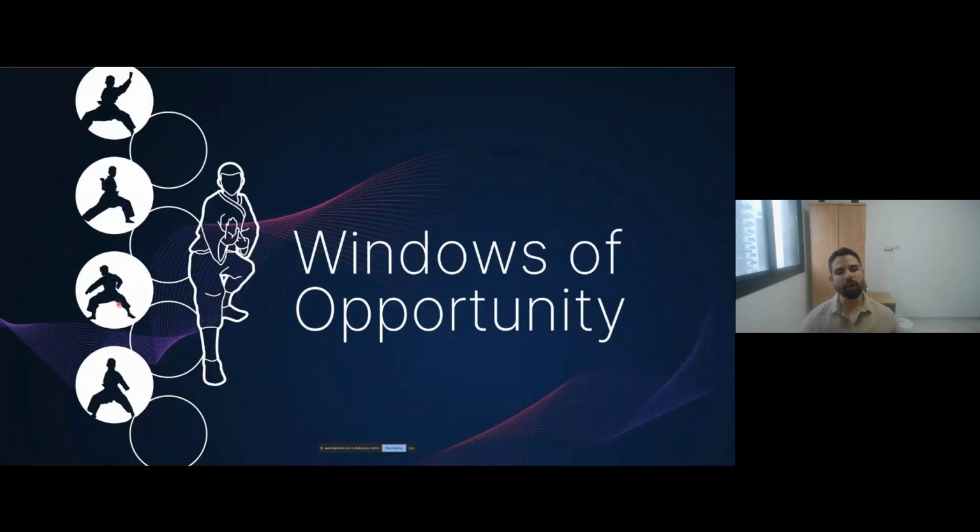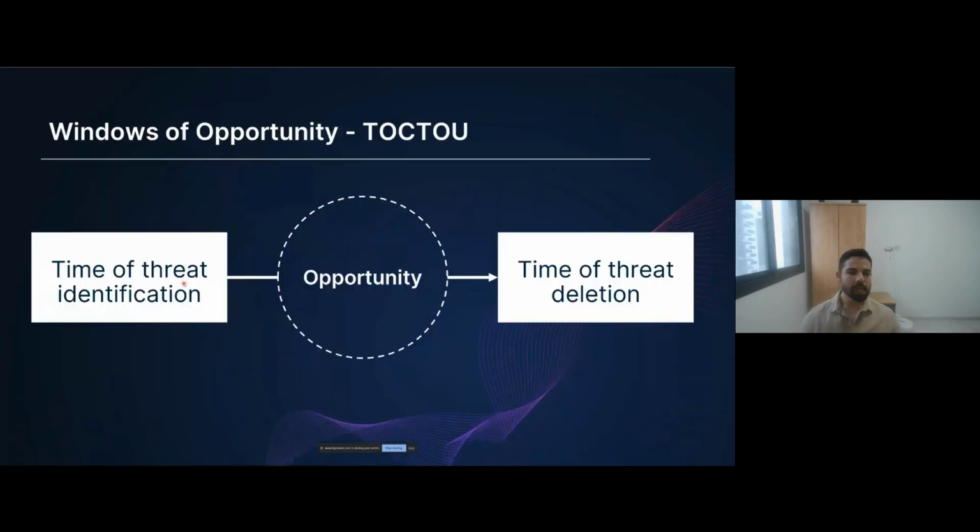But even knowing that I'm going to use junction points, I still needed to know exactly how and when. And at this point, I think it's important to understand and be familiar with two crucial events in the deletion process of the file by the EDR. In the deletion process, we have the first event in which the EDR detects the malicious file, and then we have the second event in which the EDR really deletes the file.